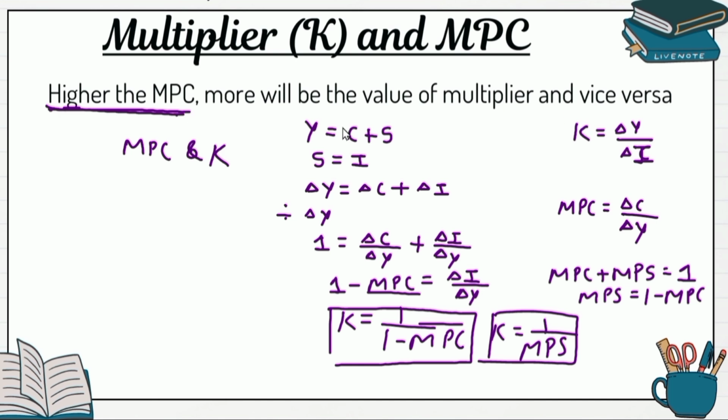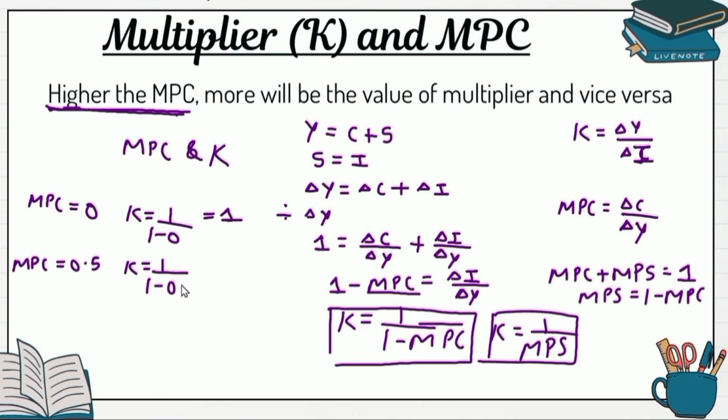So if my MPC is 0, K would be 1 upon 1 minus 0 and the value of multiplier would be 1. But when my MPC is 0.5, it means K is 1 upon 0.5, which equals 2. So we can see that as we increase the value of MPC, the value of multiplier is also increasing.